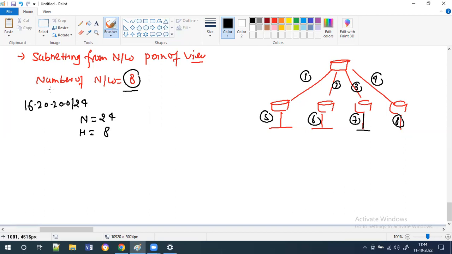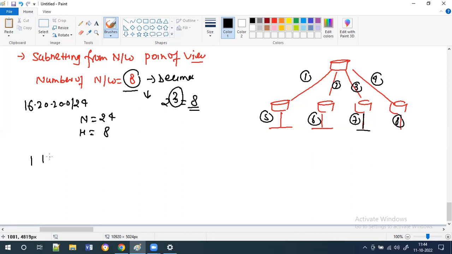To get 8 networks, what do we have to do? This is the decimal number. To achieve it in binary, we write 2 to the power 3, which is 8. Now this 3 is again the number of bits. This time we are doing subnetting from the network point of view, so we have to move these 3 bits from the network side to the host side.